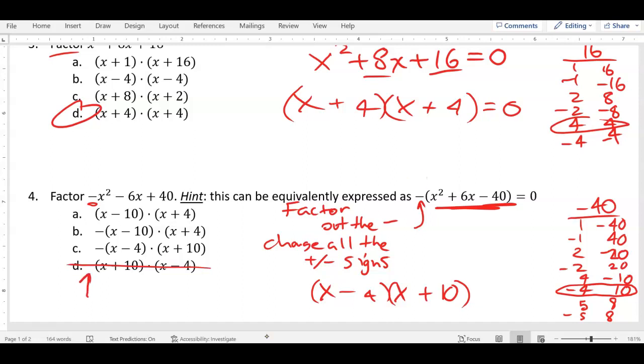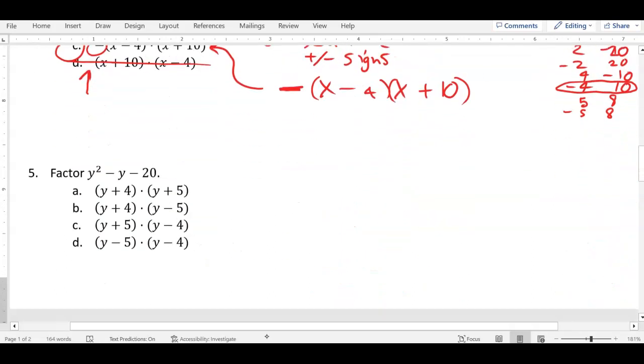We cannot forget what we factored out at the beginning, which has to be a negative, okay? So this negative only is going to be for this one right here, okay? That's the most important thing that people are going to forget. Don't forget it, okay?